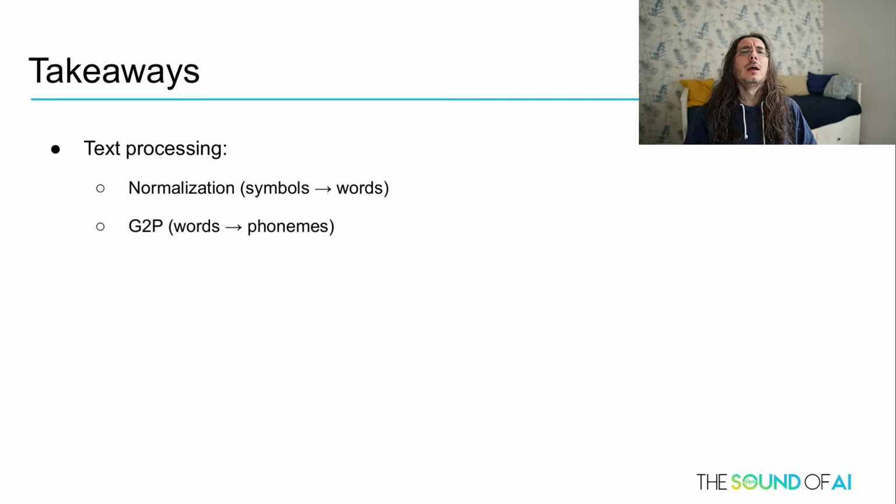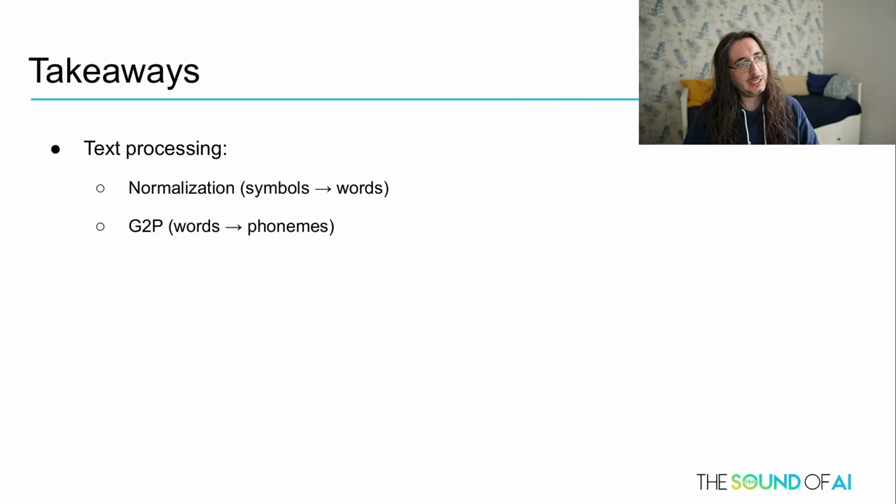Okay, so what have we learned today? A lot of things, but here are the most important ones. We can think of text processing within text-to-speech as divided into two main parts. One is normalization, where we take the symbols and expand them into full normalized words.